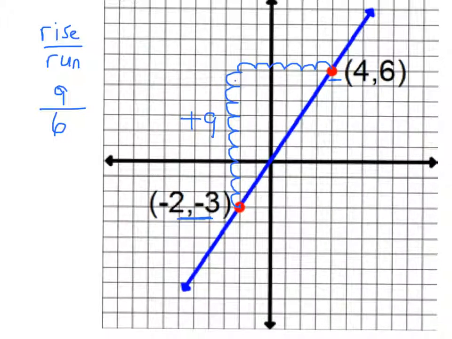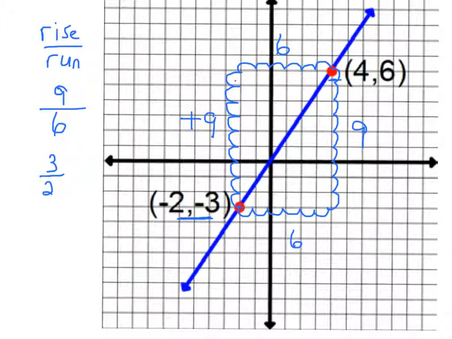Even if I did the run first, 1, 2, 3, 4, 5, 6, that would be my run. And then I could go up 1, 2, 3, 4, 5, 6, 7, 8, 9. Either way, you get 9 and 6. Rise over run. Okay, then reduce that to 3/2, and I'll show you that that works as well.